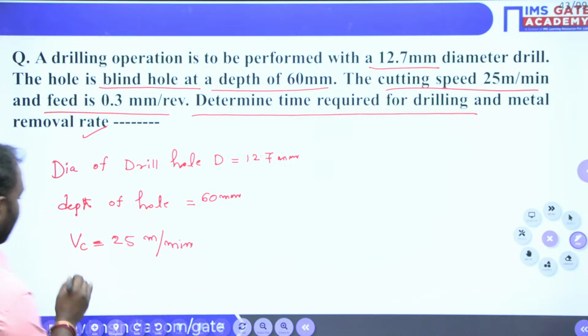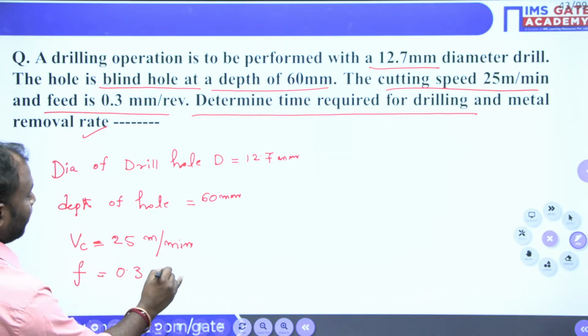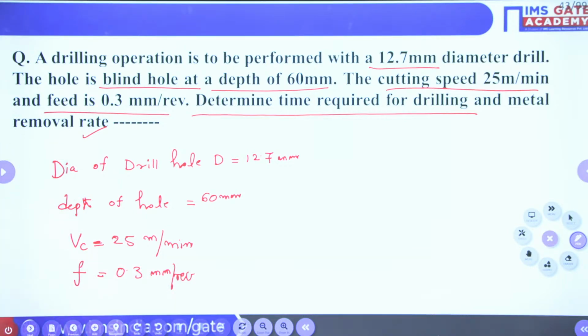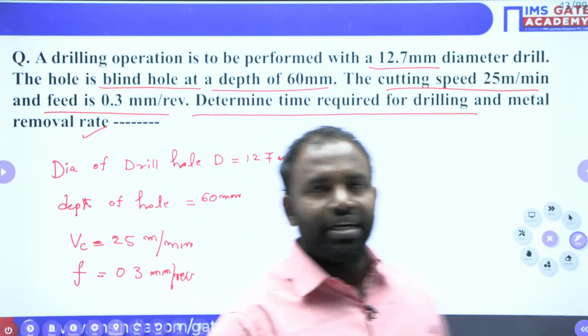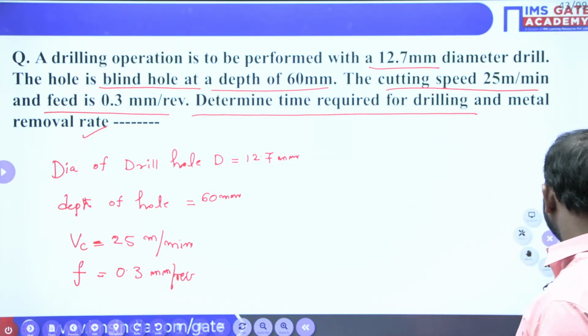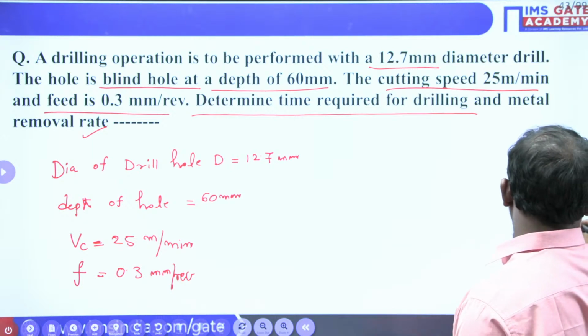Okay, now feed is equal to 0.3 mm per revolution. Okay, now for producing this hole, how much time it will take, that we are supposed to calculate. Now let me give you some example for this particular blind hole.